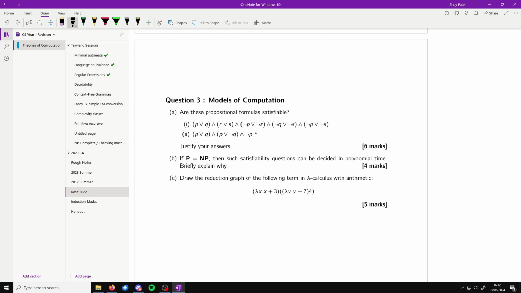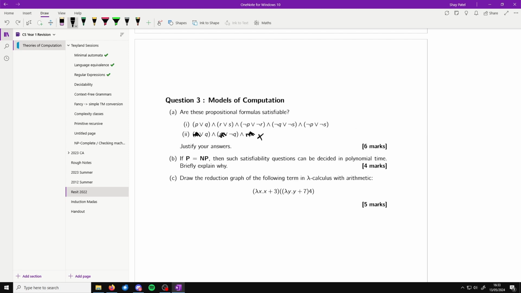Yeah, so for this one we have to start by setting P to false to cancel out this term. And then if P is false, then Q has to be true, in which case this would be false, or Q has to be false, in which case this would be false. So this isn't satisfiable. For the first one it's not satisfiable. How have we worked that out?